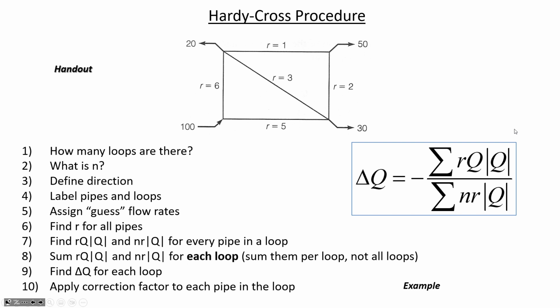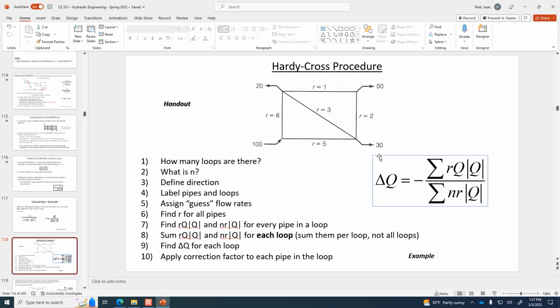We want to find out what flow rate makes it so that all the head loss amounts are the same. Because it's been set up that way, this formula calculates that and adjusts based on the deviation from what flow rate would give you the appropriate amount of head loss that causes the same head loss through every route. So let me show you how this works.